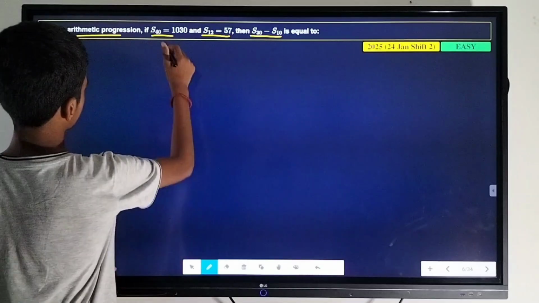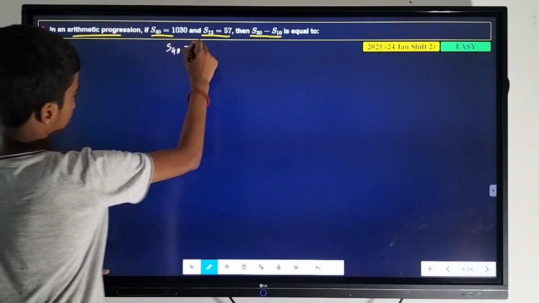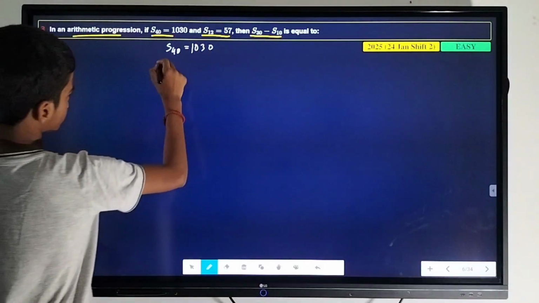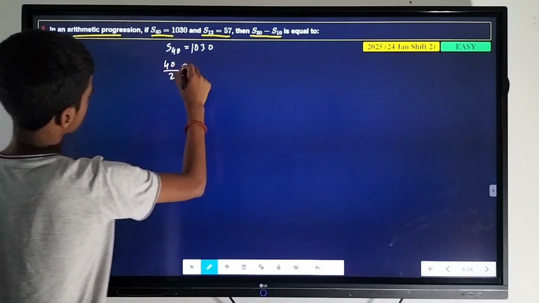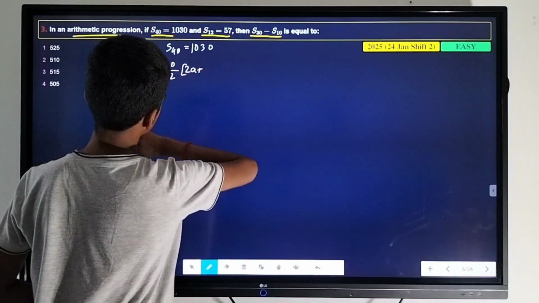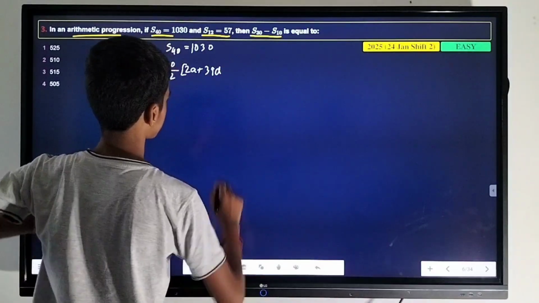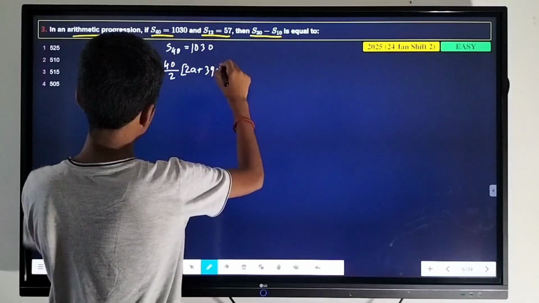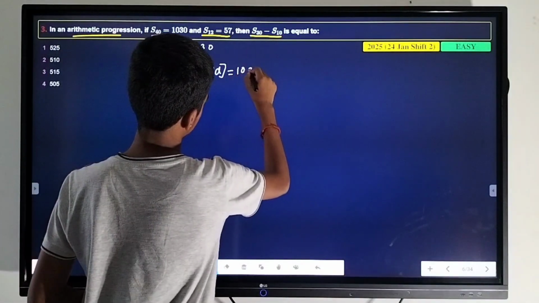So first of all we will use S40 is equal to 1030. We will get 40 upon 2 into 2a plus 40 minus 1, 39d, is equal to 1030.